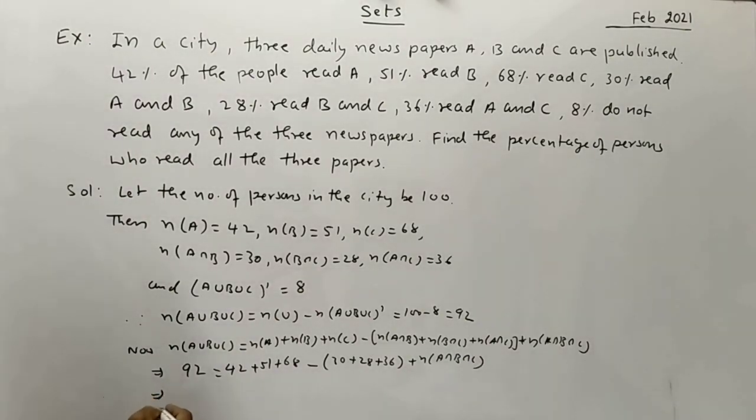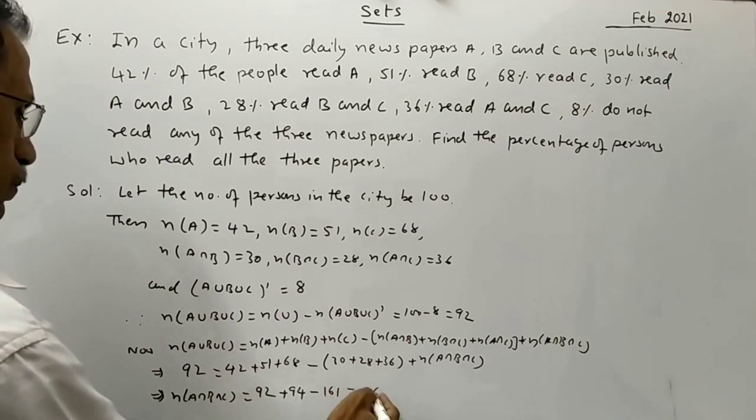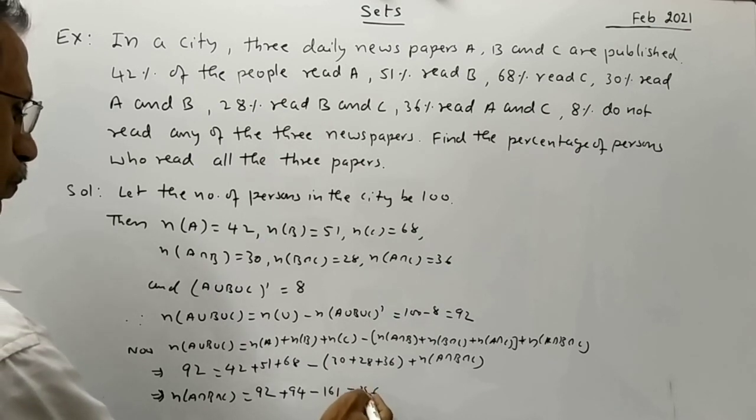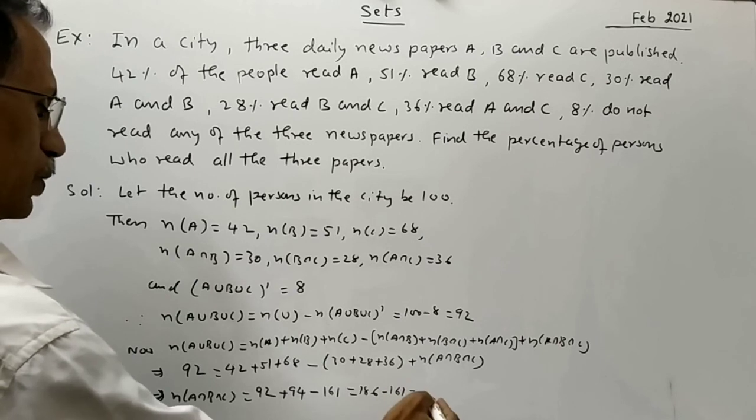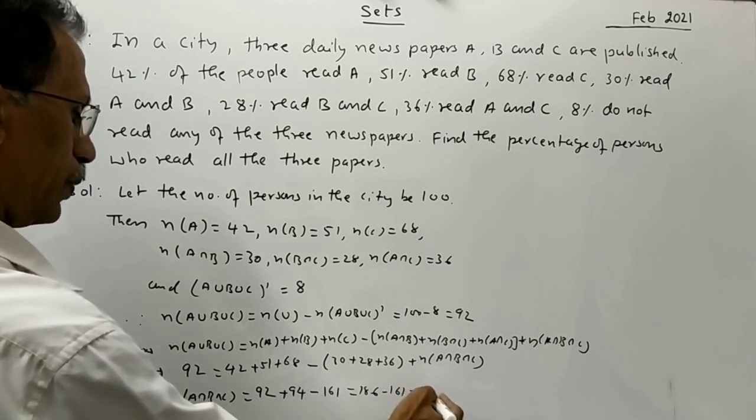This implies number of elements of A intersection B intersection C is equal to 92 plus 94 minus 161, is equal to 186 minus 161, is equal to 25.